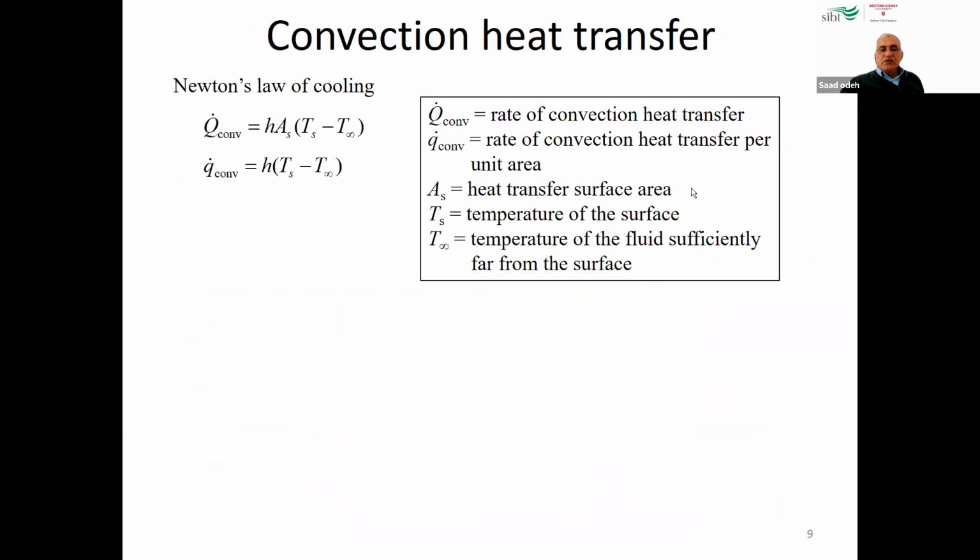Now we come to the last part, where we want to find h. All this trouble and confusion we have is because we want to find h. So you can see that h is a very important part of the convection equation, because it's not easy to find h from tables.